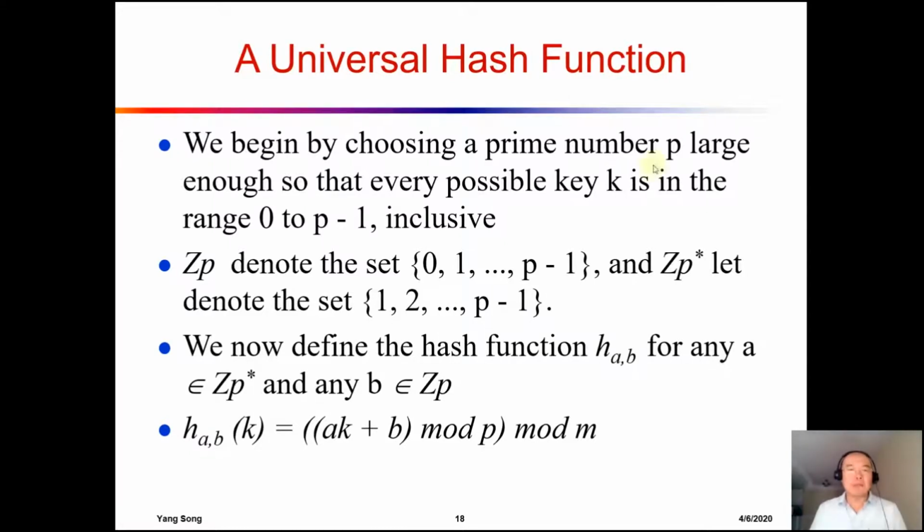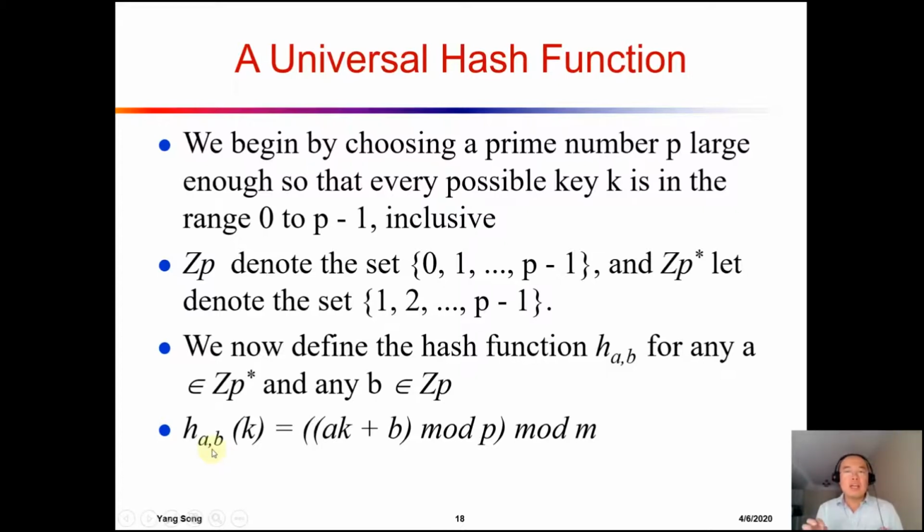I believe 103 is a prime number. Okay, and then we define two sets of numbers. Z_p will be all the natural numbers lower than p, so from 0 to p minus 1. And Z_p star is the non-zero natural numbers which are lower than p, so from 1 to p minus 1. After defining that, we can define a hash function called h_ab.